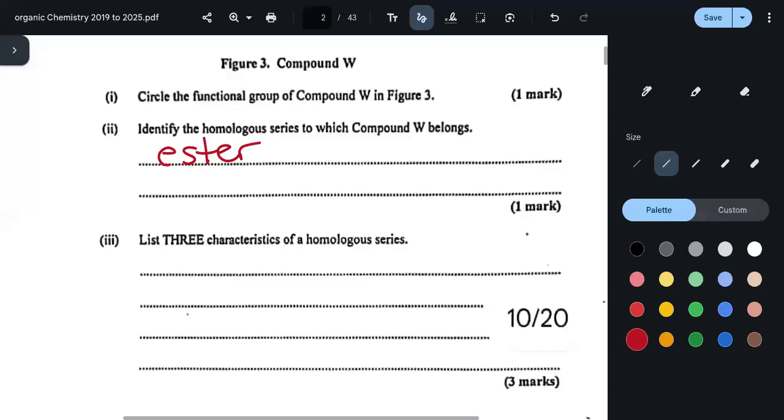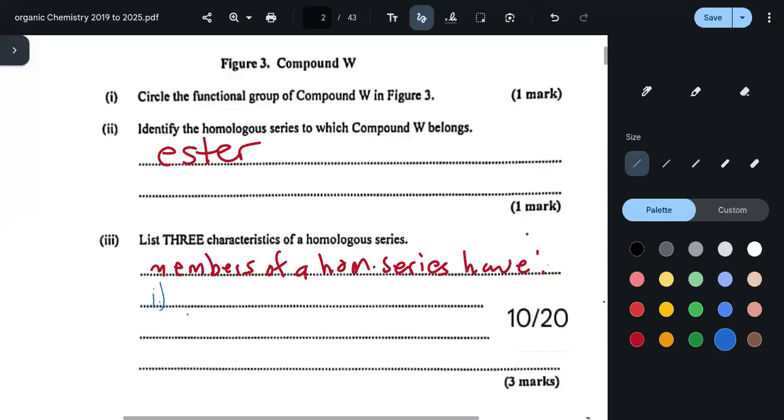So you would start by saying members of a homologous series have the same general formula.